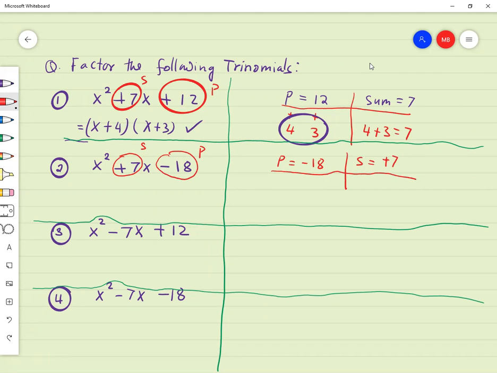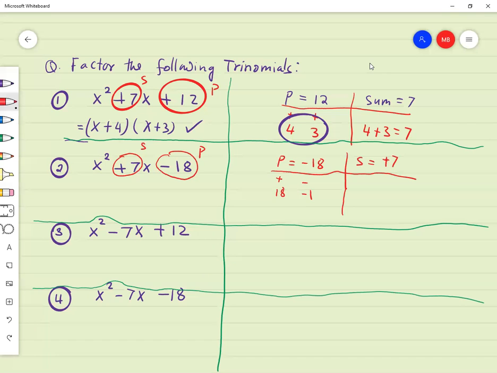Because the product is negative, one of the numbers should be positive, the other negative. And because the sum is positive, our bigger number will be positive, smaller will be negative. Let's start with 1 and 18: bigger positive, smaller negative.